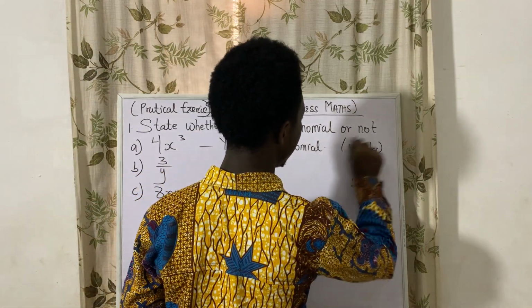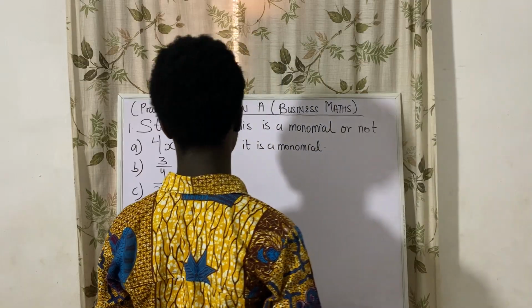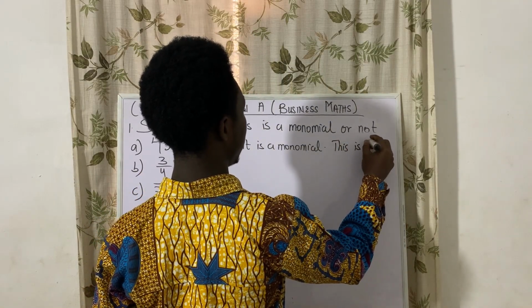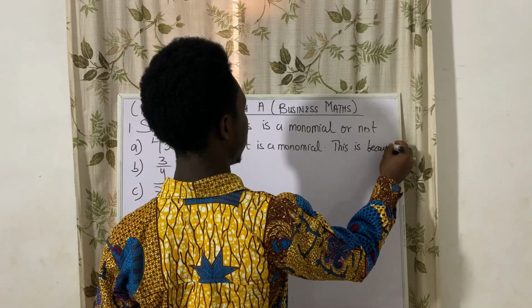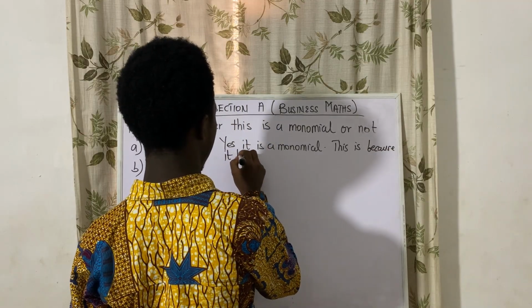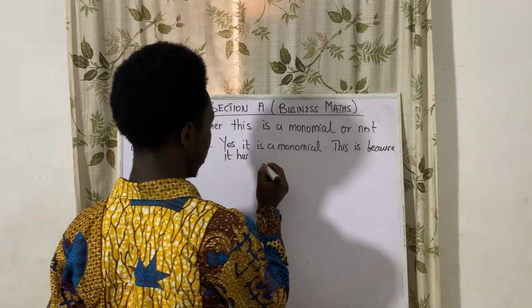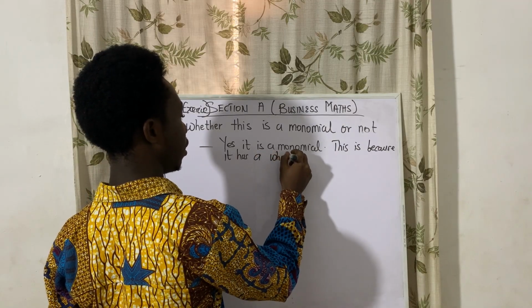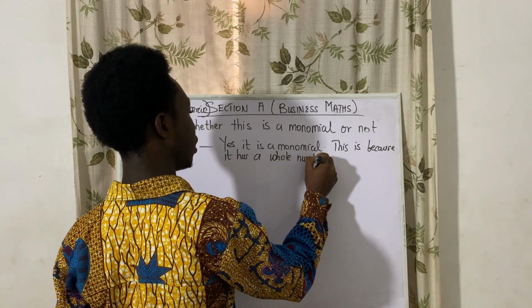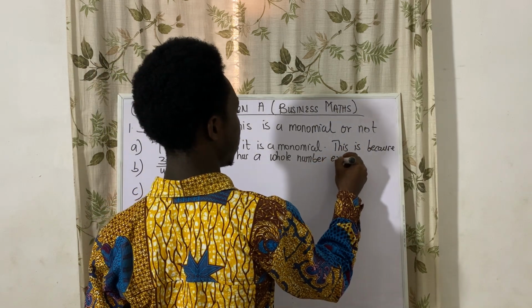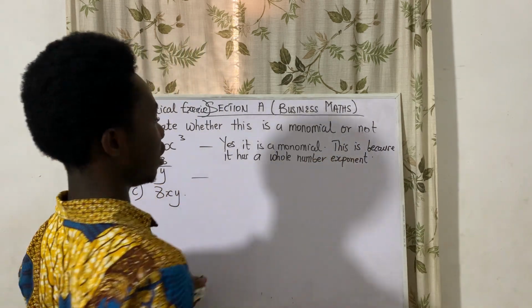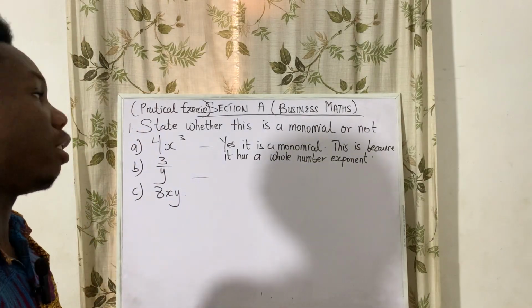You shouldn't end there. You should continue. This is because it has a whole number exponent. Please, are we learning something? It's a whole number exponent. There, I can give you all the marks.